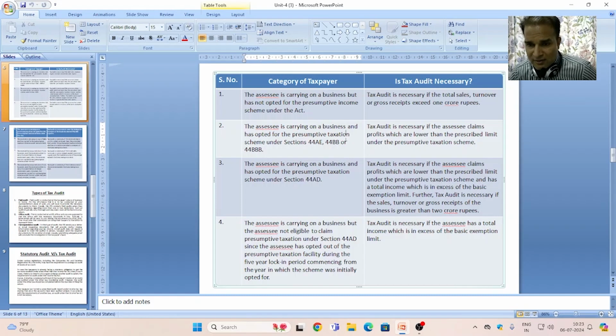Means the SSC carrying on a business claims, under Section 44AE, 44BB, or 44BBB, that the actual profit is lower than the prescribed limit under this scheme, then it is necessary for this type of SSC to get his books of accounts audited.